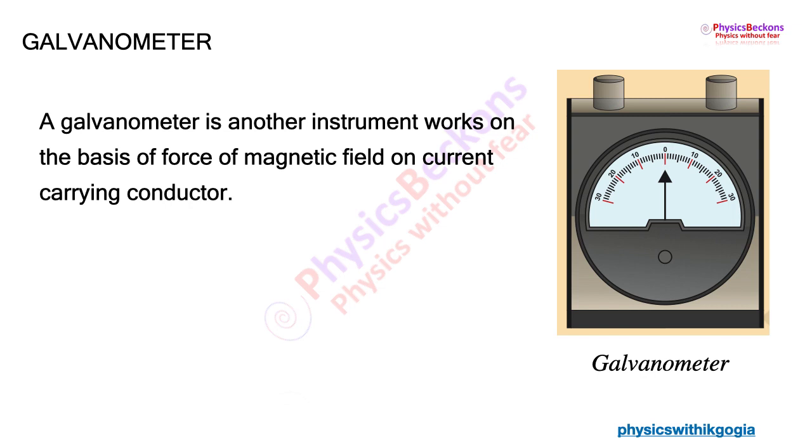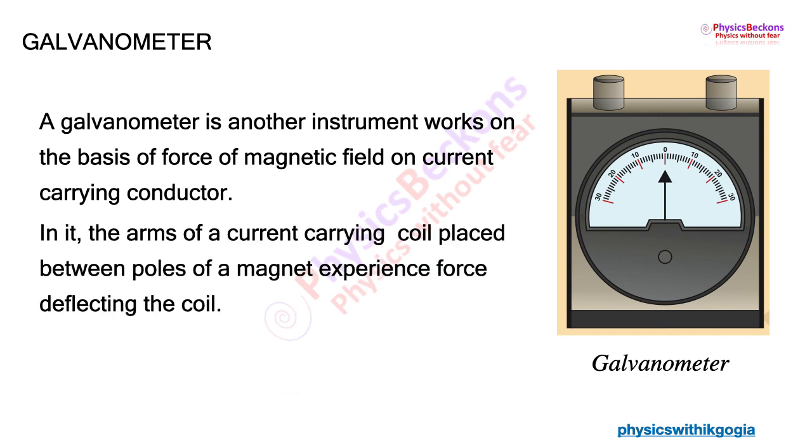When current is passed through the coil, the forces act on the coil placed in the magnetic field, which turns, which gets deflected, and that deflection is recorded and measured from the position of the pointer on the scale. So this gives us the magnitude of the electric current.